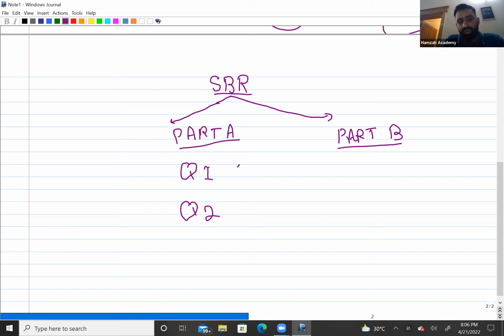Question 1 will be of 30 marks, and question number 2 will be 20 marks, so in part A we will have a total of 50 marks.